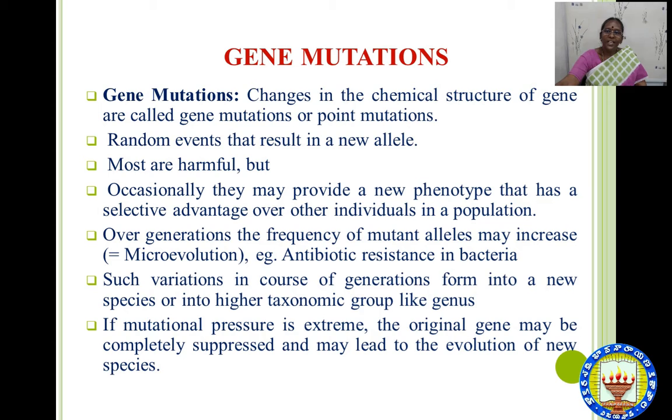If these phenotypes, or the frequency of mutant alleles, increase generation after generation, it leads to microevolution. For example, antibiotic resistance in bacteria. And if this mutational pressure is extreme, the original gene may be completely suppressed and it may lead to the evolution of new species.